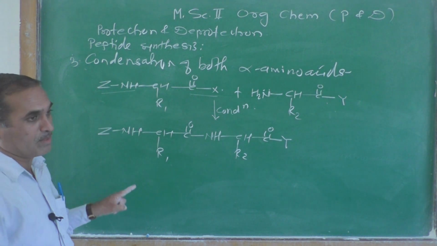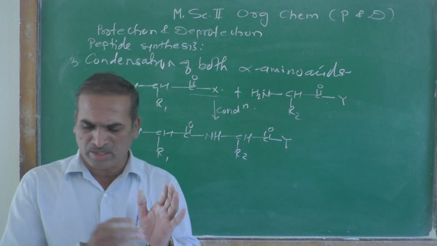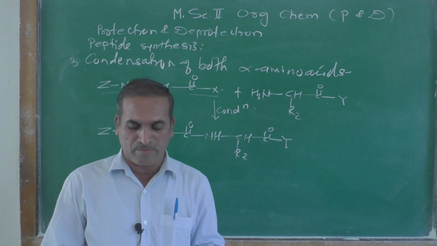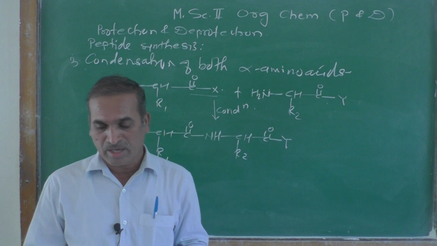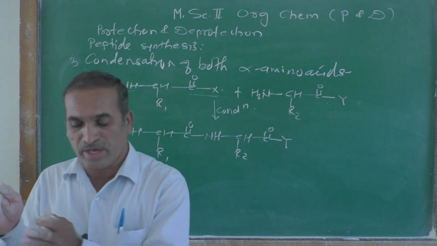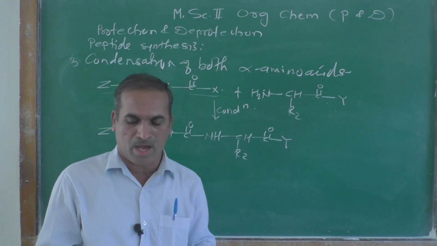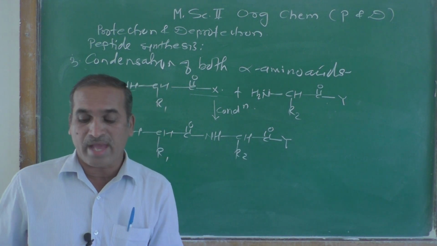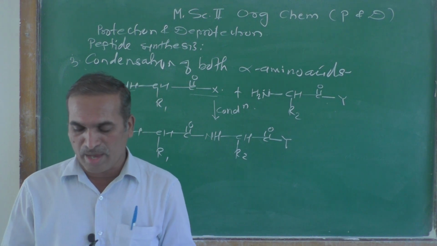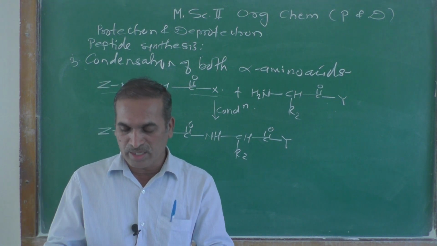So in the first step, what we did was protection of the COOH group of one alpha amino acid. Then in the second step, protection of the NH2 group of the second alpha amino acid and activation of the COOH group of the same alpha amino acid.